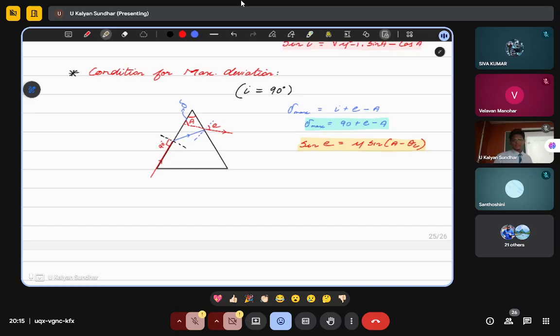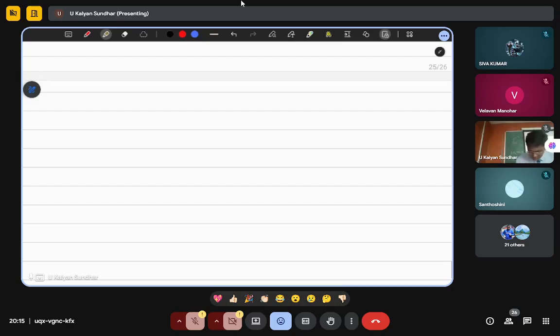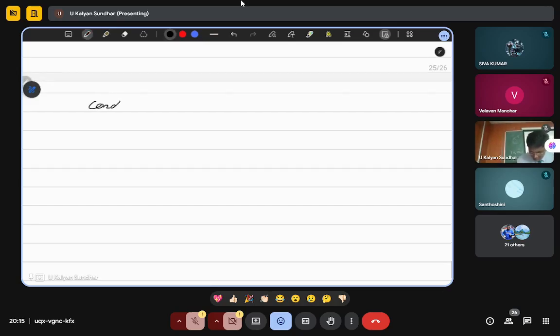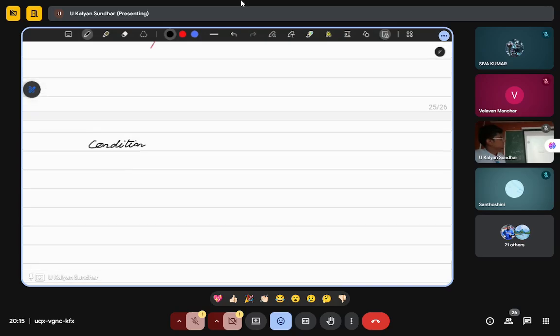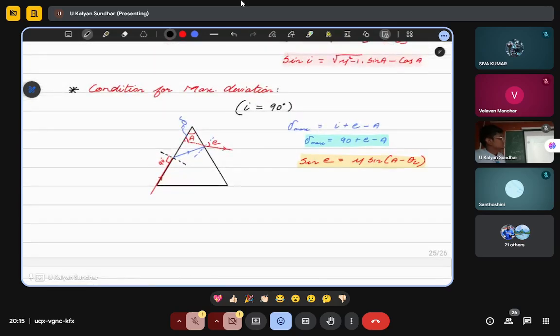So what is the minimum deviation case here? How do you derive this? Draw the prism PQRS. Yes sir. You say A 90, I 90, that is when it is a right angle prism. Otherwise it can be anything. So in general cases, if it is 90 for 90 then directly you substitute and it is 90.